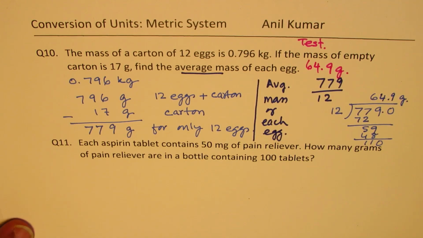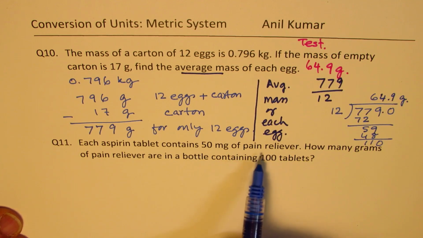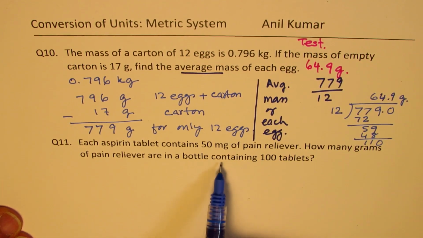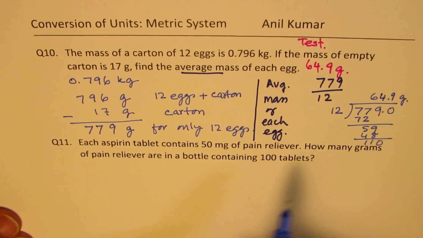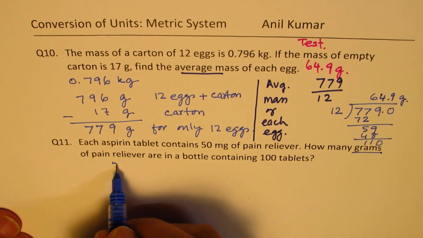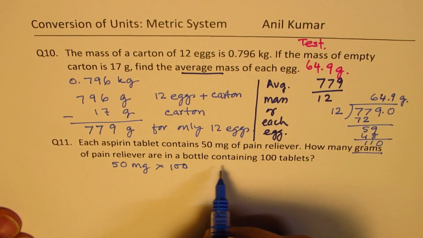The last question here is, each aspirin tablet contains 50 milligrams of pain reliever. How many grams of pain reliever are in a bottle containing 100 tablets, right? So we want to write the units in grams. We have 50 milligrams. Let's multiply by 100, right?